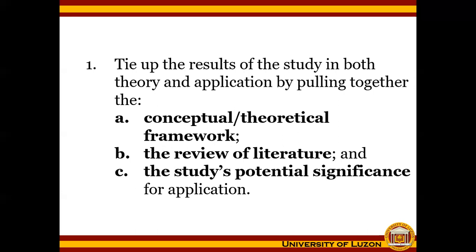So you have your review of related literature, and you have your conceptual or theoretical framework. This will now be part of your interpretation. You will need to tie up the results of your study to your framework, to your review of related literature, or to the potentiality of the study for application purposes.